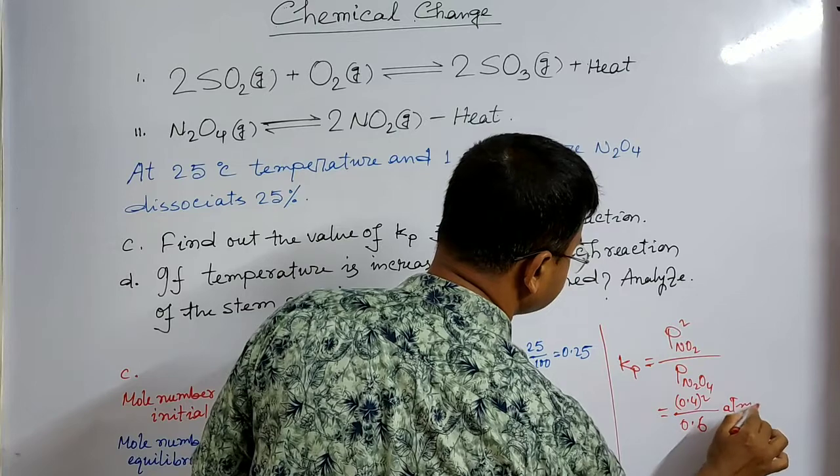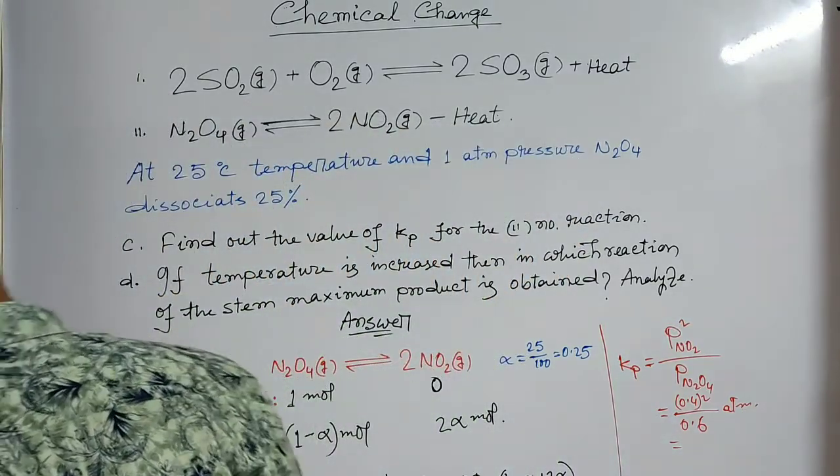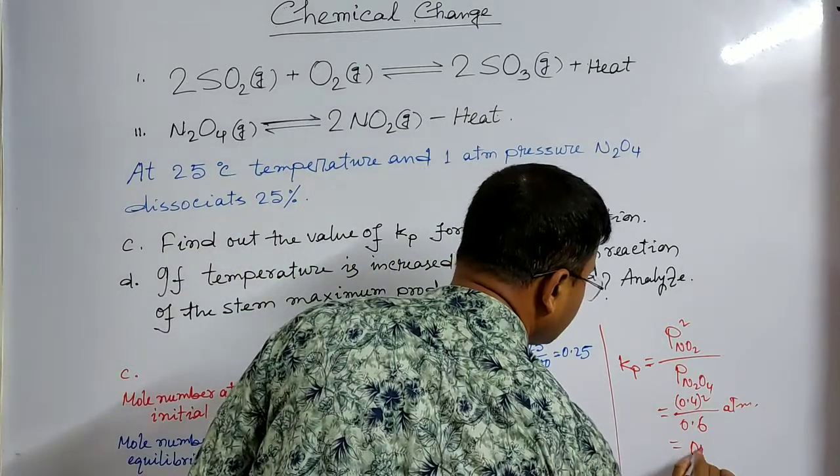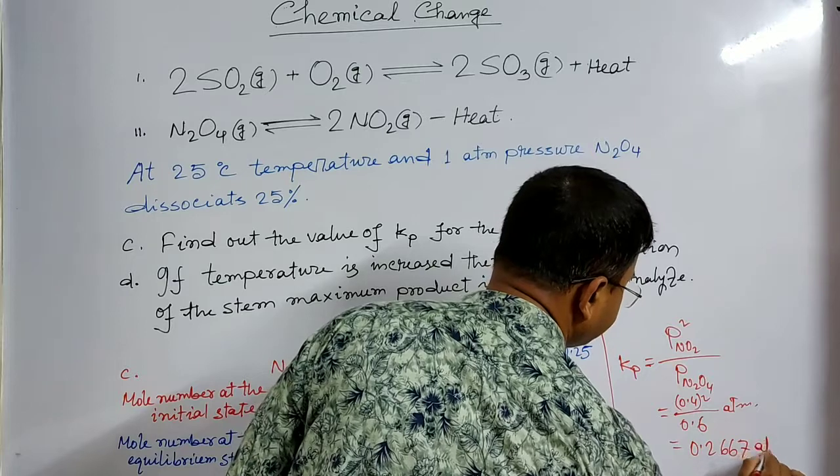This is atm. So the value of Kp will be 0.2667 atm.